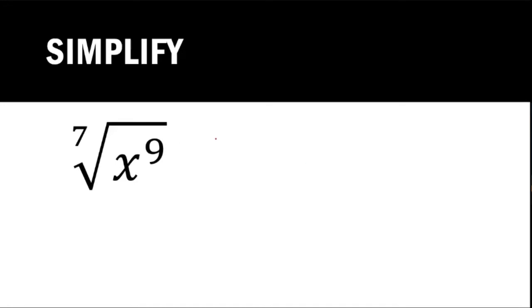So now let's have the 7th root of x raised to 9. Again, the exponent must be greater than or equal to the order for you to simplify it. So if you have 9 divided by 7, that is 1, remainder 2. So 1 will be the exponent of x outside the radical.